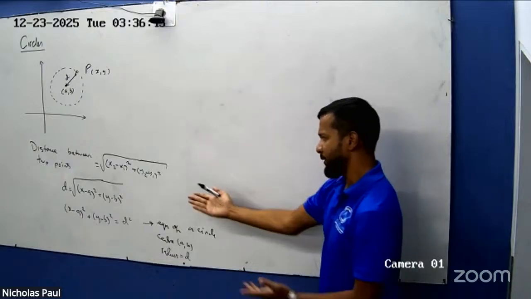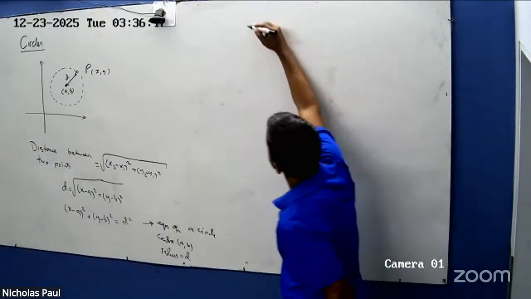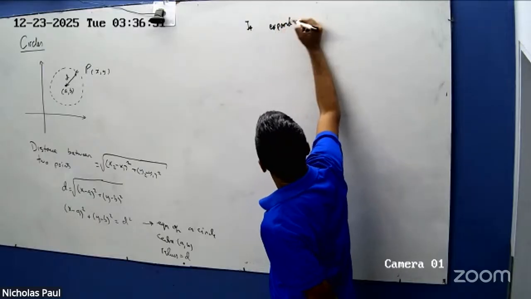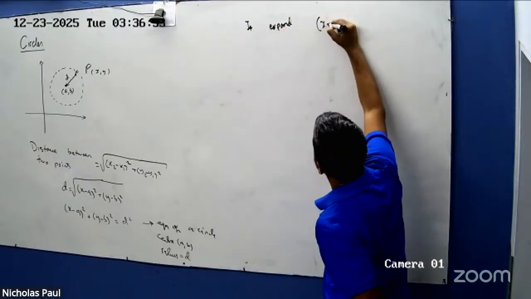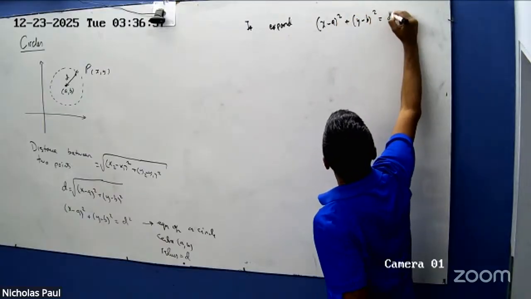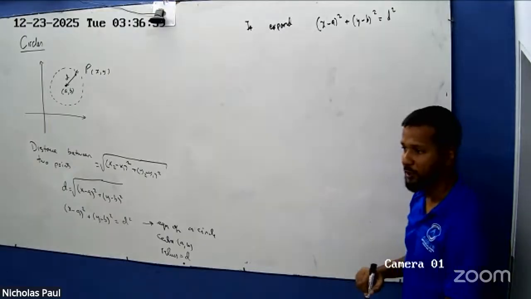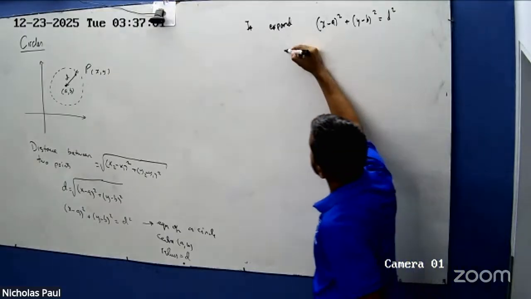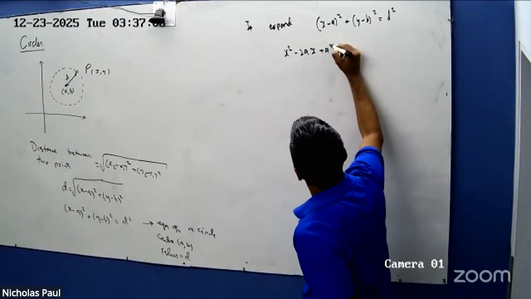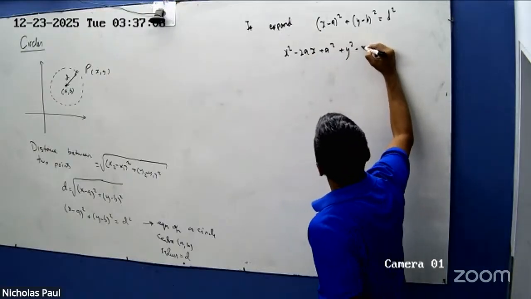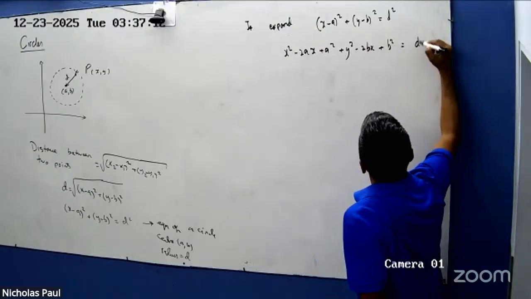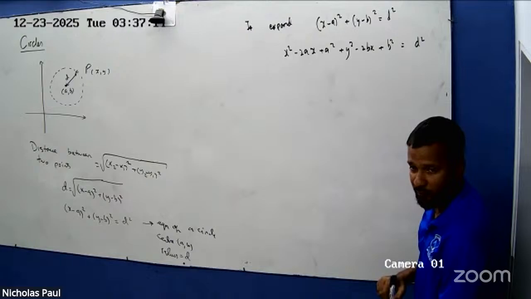I'm using the same notation here. What would happen if we expand? If we expand x minus a squared plus y minus b squared equals d squared, what you'll get? X squared minus 2ax plus a squared plus y squared minus 2by plus b squared is equal to d squared, right?